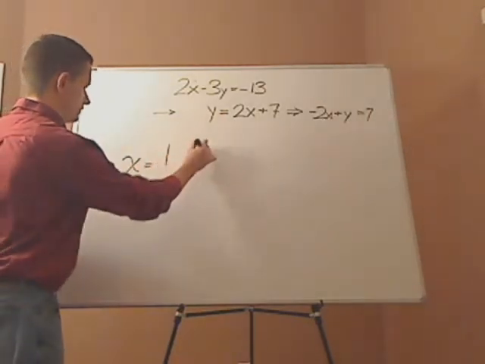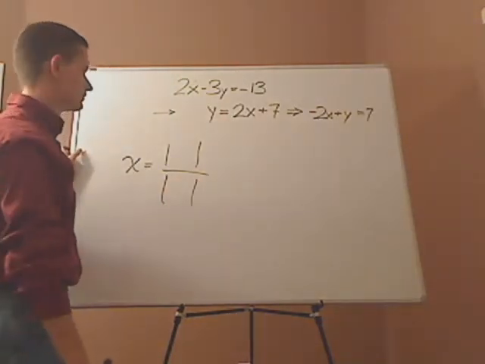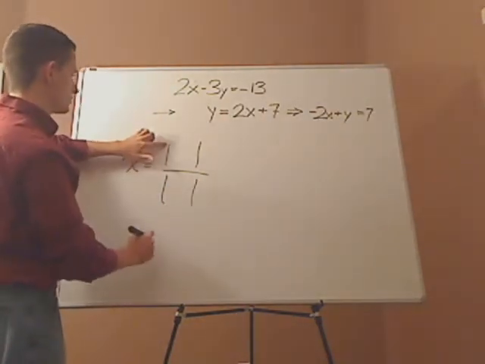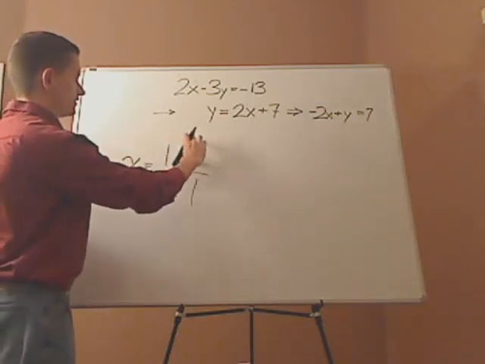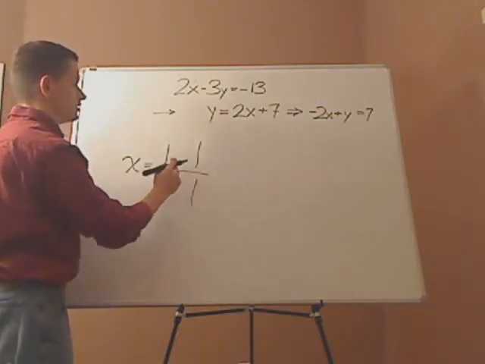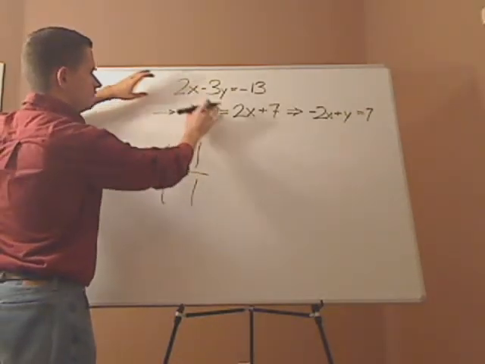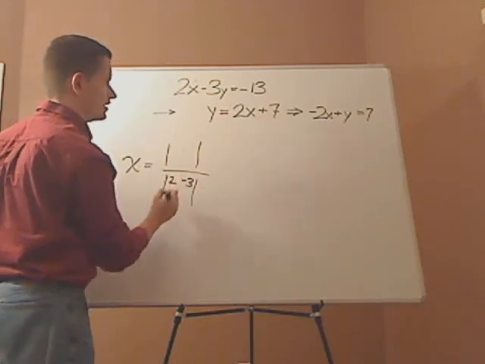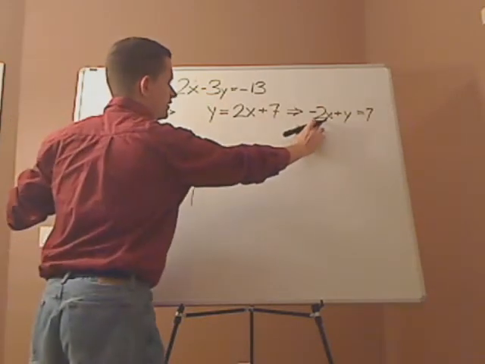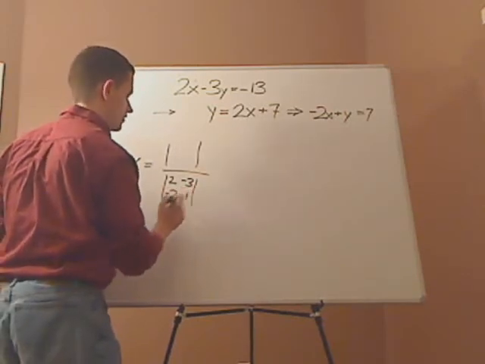Cramer's rule, you're using the determinants of matrices. Now what's going to go in here on the top are the x's and solutions. Well, let me put it this way. Your normal is going to be 2, negative 3, and then you have negative 2, 1.